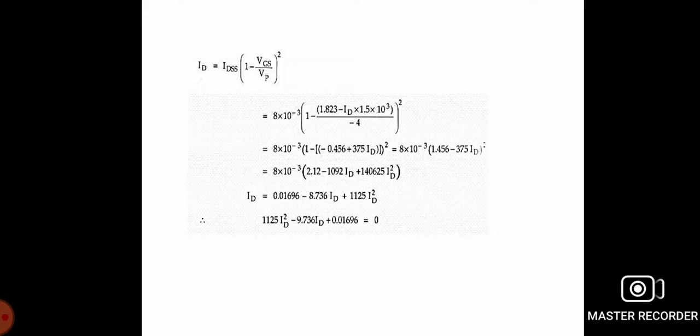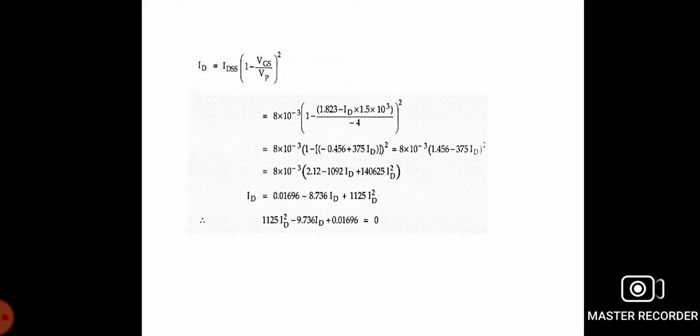So we finalize the analysis: the drain current is equivalent to the drain source saturation current into 1 minus gate source voltage divided by pinch off voltage, whole square. Now we put in the parameters, that is the value of the drain source saturation current, the gate source voltage and also the pinch off voltage. We get the drain current on the output side.